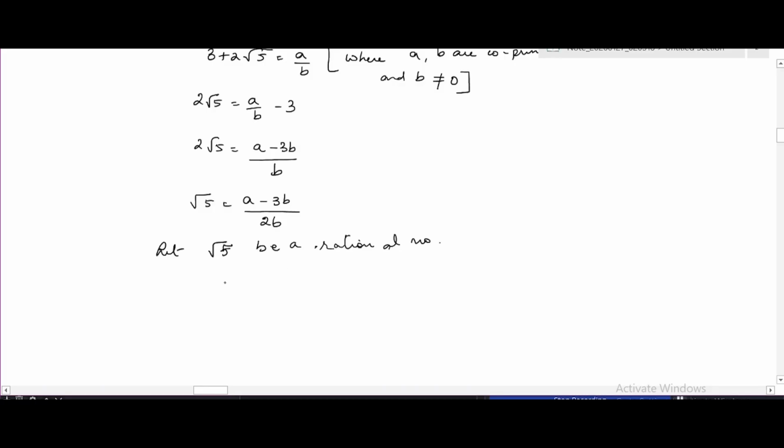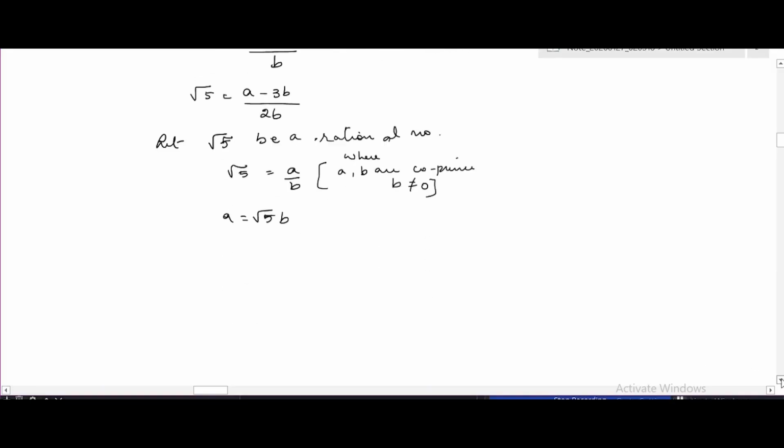Assume root 5 is a rational number. Then root 5 is equal to a by b, where a and b are co-prime and b not equal to 0. Now a is equal to root 5 b.